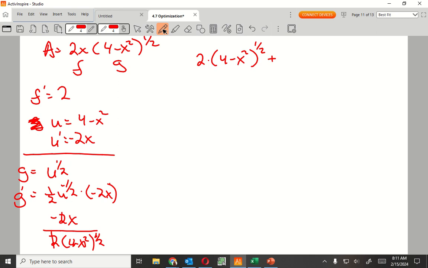So why not? So 2x times negative x over 4 minus x squared to the 1/2, like that.